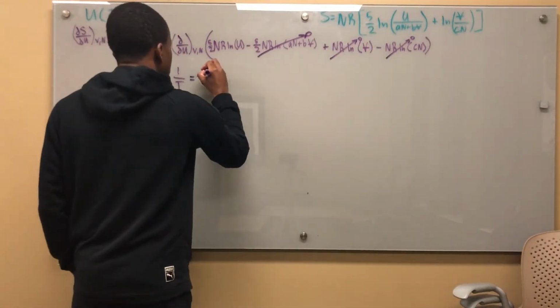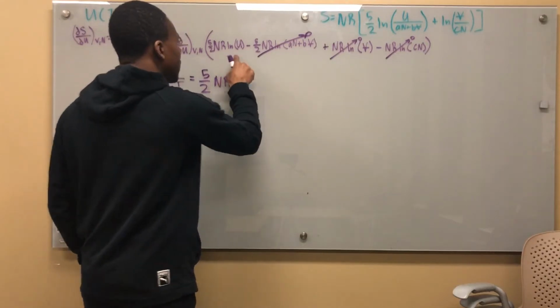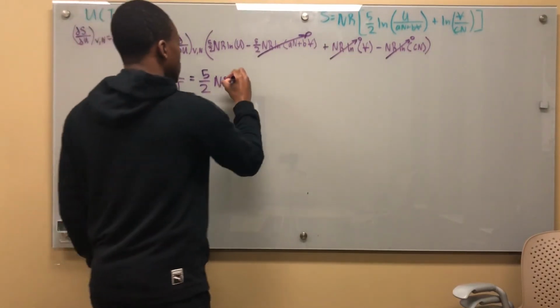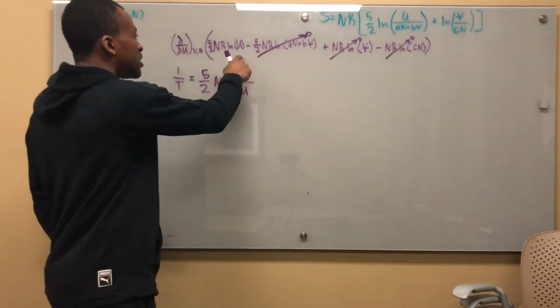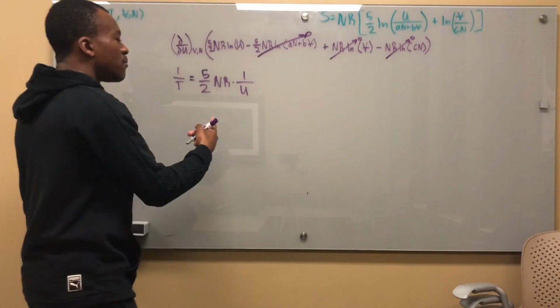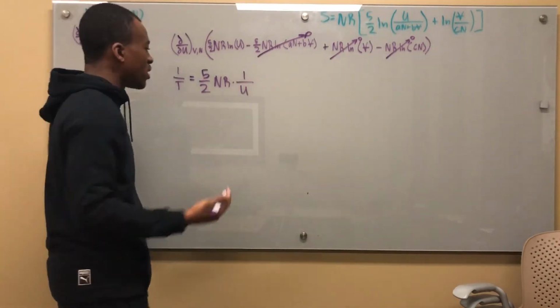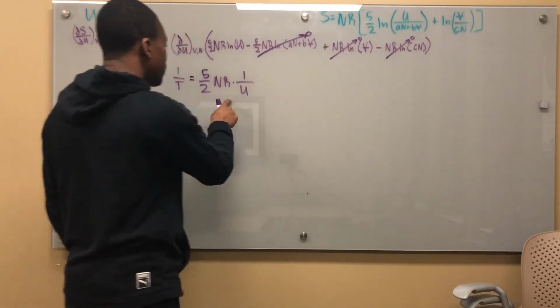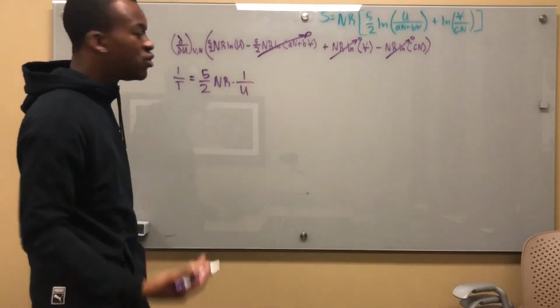So 5 over 2 NR, right? Then the differential of ln U is, I multiply that by 1 over U, times the derivative of whatever is inside the brackets, but the derivative of this with respect to U is just 1, so I don't have to worry about that. So this whole thing becomes 5 over 2 NR, the whole thing over U, right?